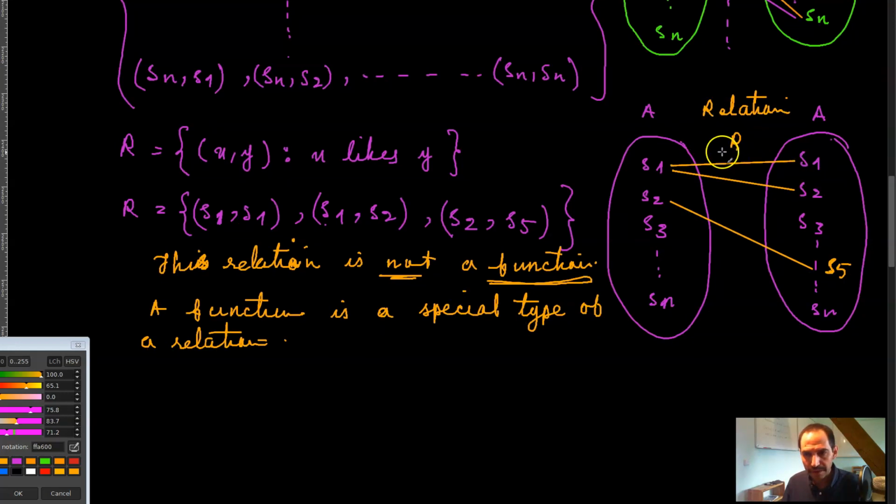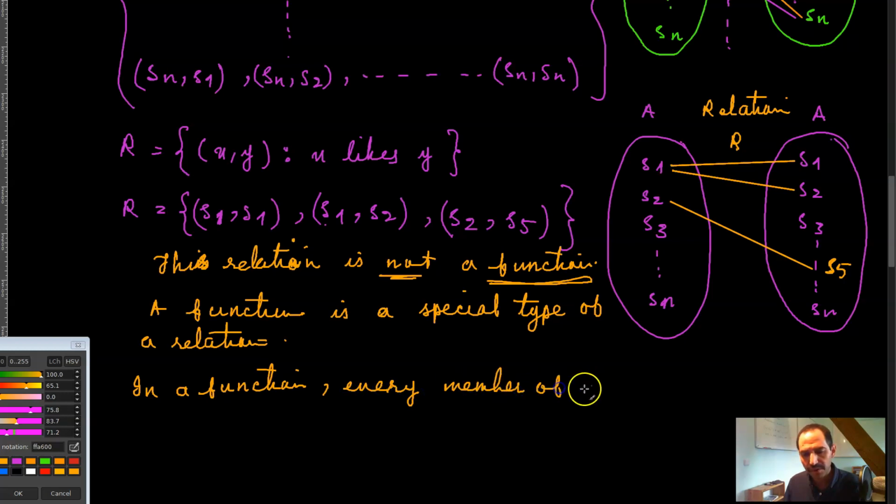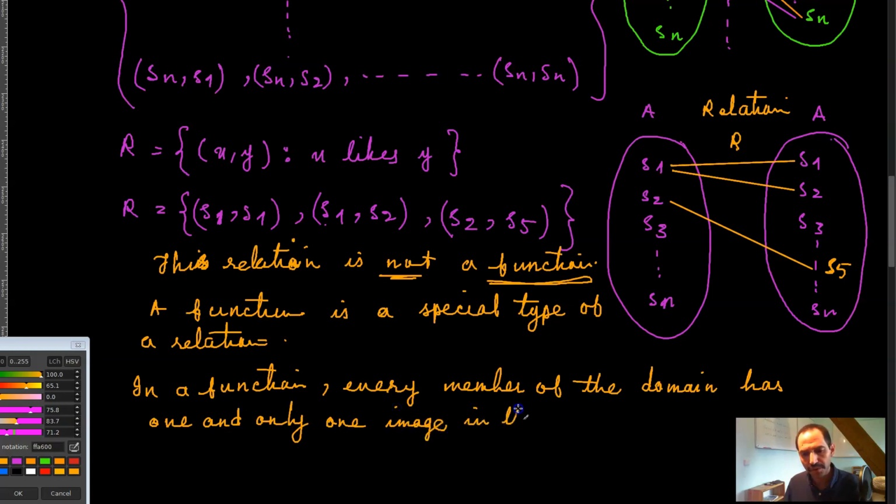You know that in a function, every member of a domain has one and only one image in the codomain.